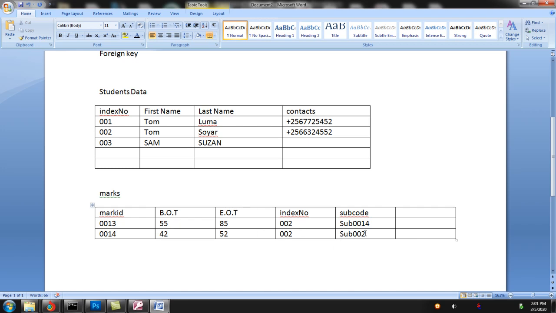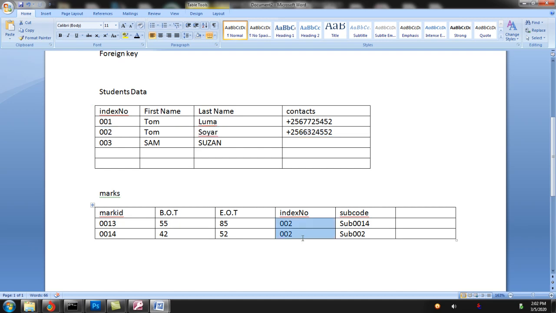So realize that this is subject number this and this is subject number that, but both marks belong to the same person. Why is it that we have said that here there is no duplication, yet here there is duplication? It means that this is a primary key and this is a primary key. No duplications. However, one student can sit for both subjects.